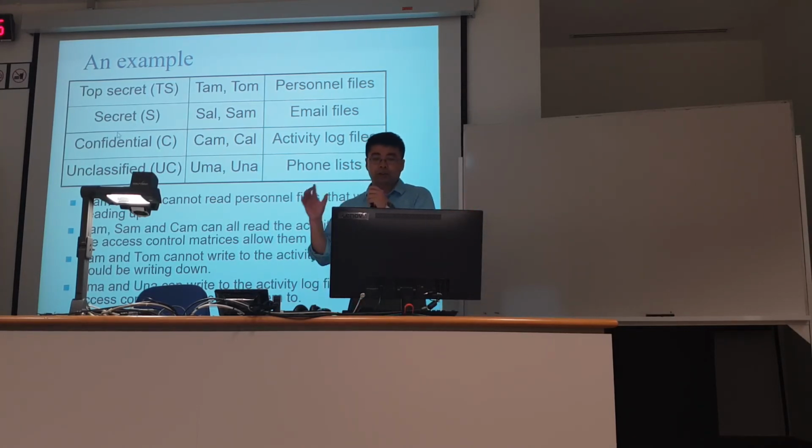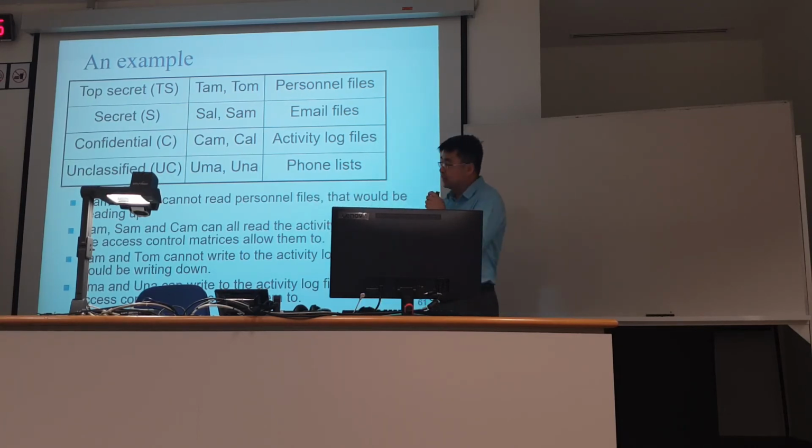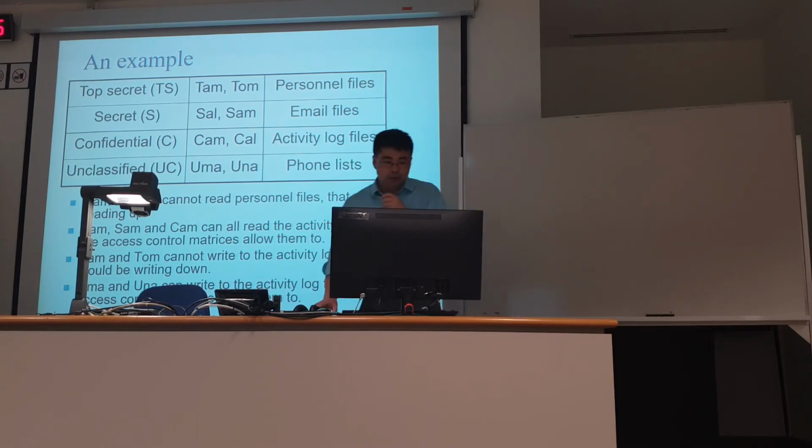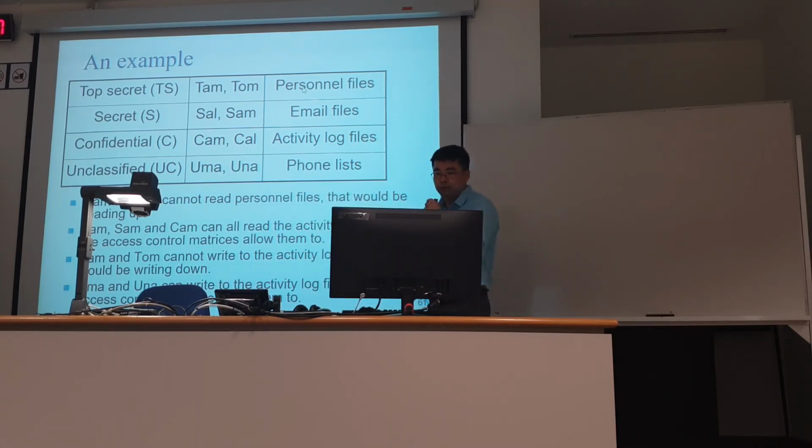So if we look at this table and just look at the mandatory access control policy, here we have CAM and CAL. They cannot read the personal file, because if we allow them to read it, this is a read up, but we don't allow read up, so they are not allowed to read files with a higher level.